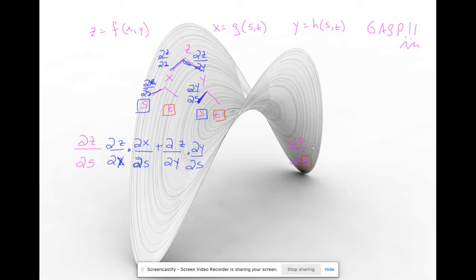Follow the tree. I have to go down the same branch here, but what am I multiplying by? And start the same way.